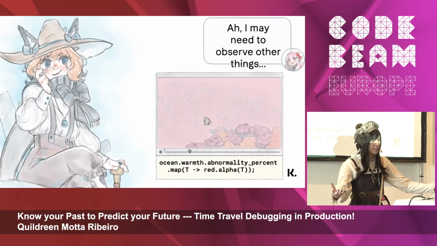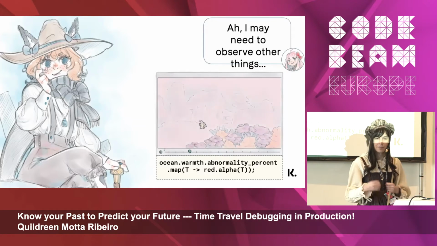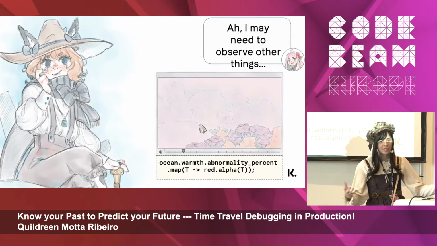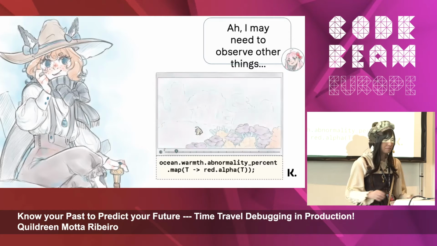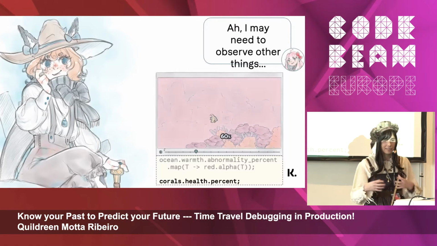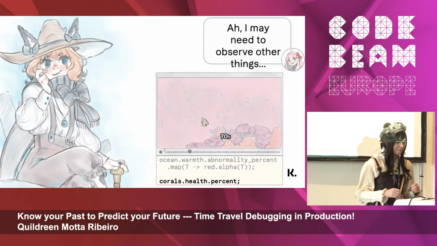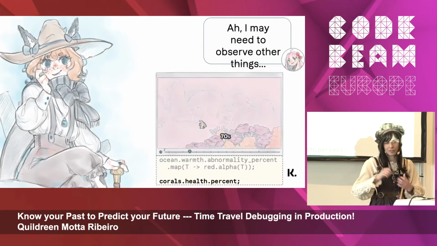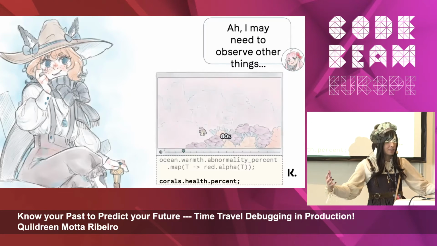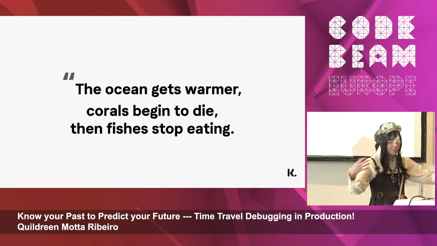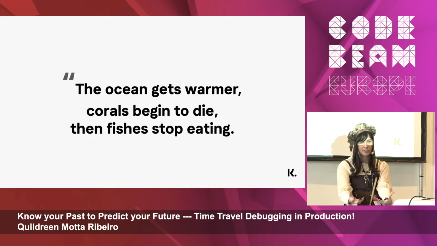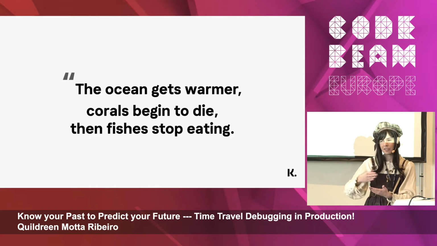So the ocean here is getting quite warm, which is bad. Now, the other thing that you know from your work is that when the ocean gets quite warm, the corals begin to die. And that's bad because that's kind of the food. And you plot that in as well with some more code, and you see that these corals are actually not doing very well.